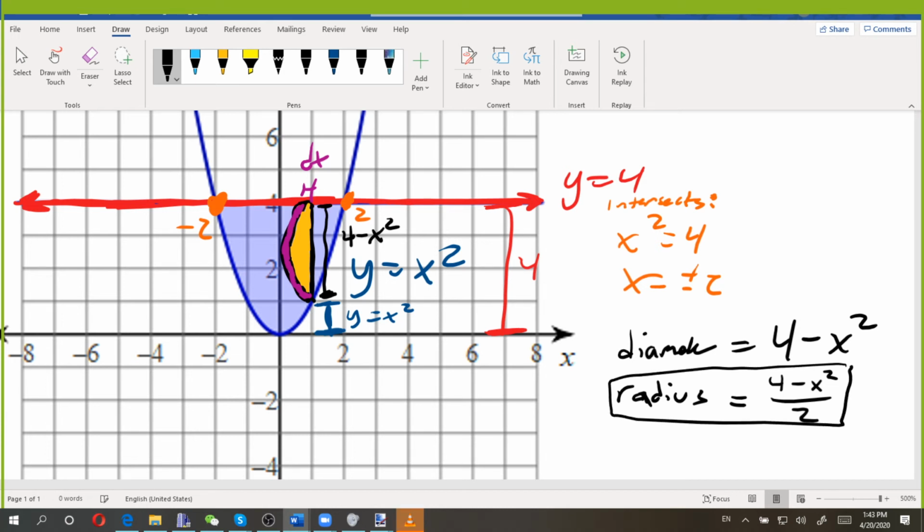So if that's true, then what will the area of this whole semicircle be? Sarah, what's the area of this semicircle if we know that the radius is 4 minus x squared over 2?